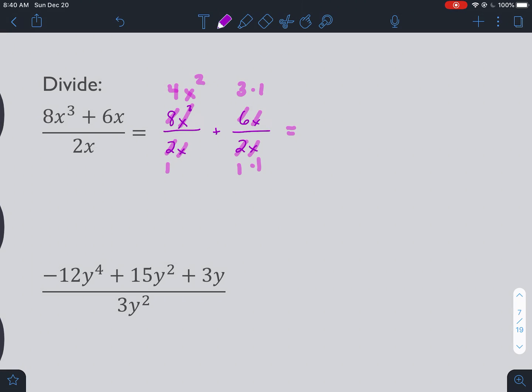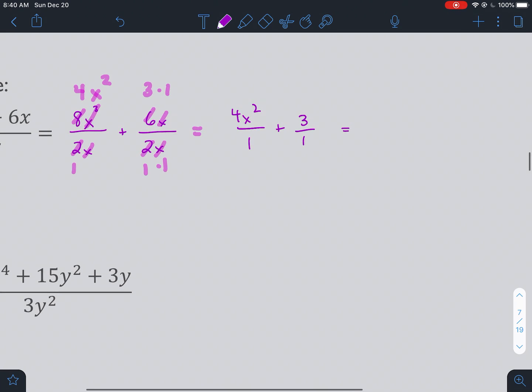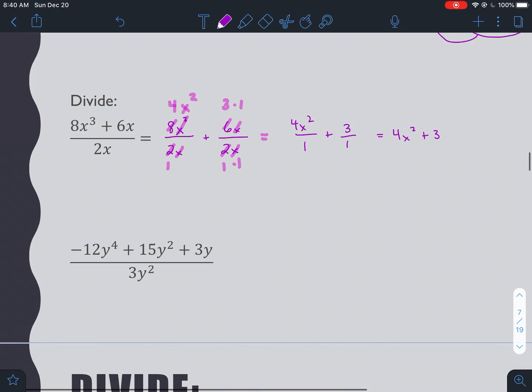And then x over x reduces to 1 over 1. So now we have 4x squared over 1 plus 3 over 1, which is just 4x squared plus 3, because both of their denominators are 1. And that would be my final answer, 4x squared plus 3.